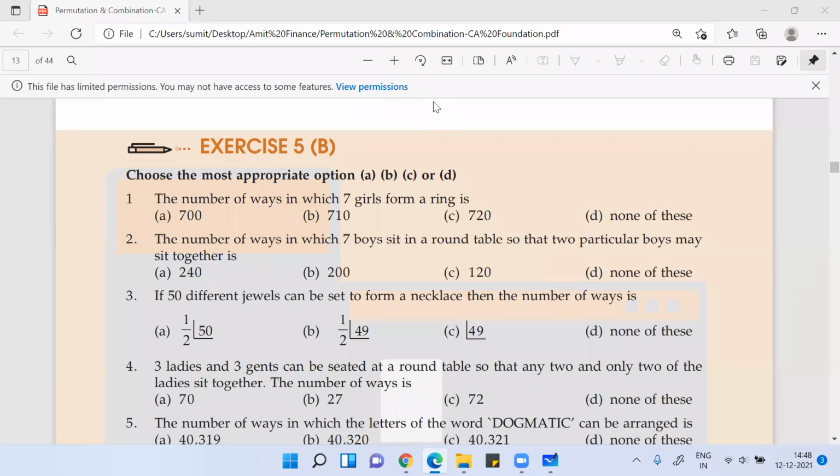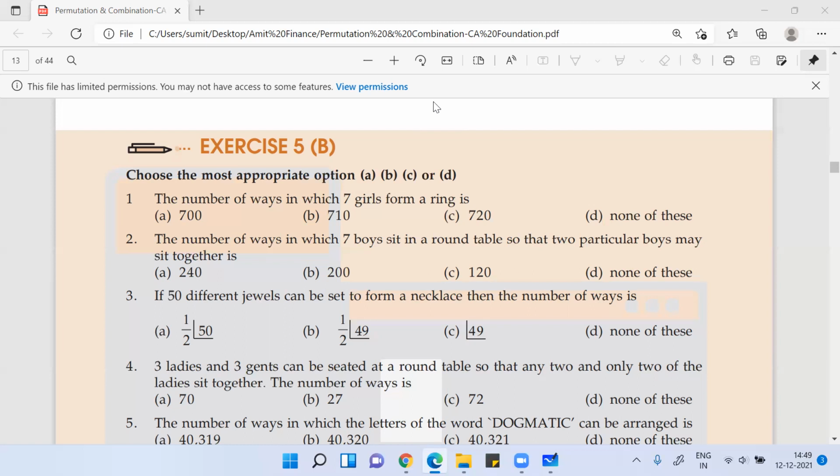So from three ladies, I have to choose two ladies, and I can choose them in three ways. Suppose the ladies are A, B, C and I want two ladies. So it can be A, B, A, C, or B, C. Once I've chosen these two ladies, they should be together.